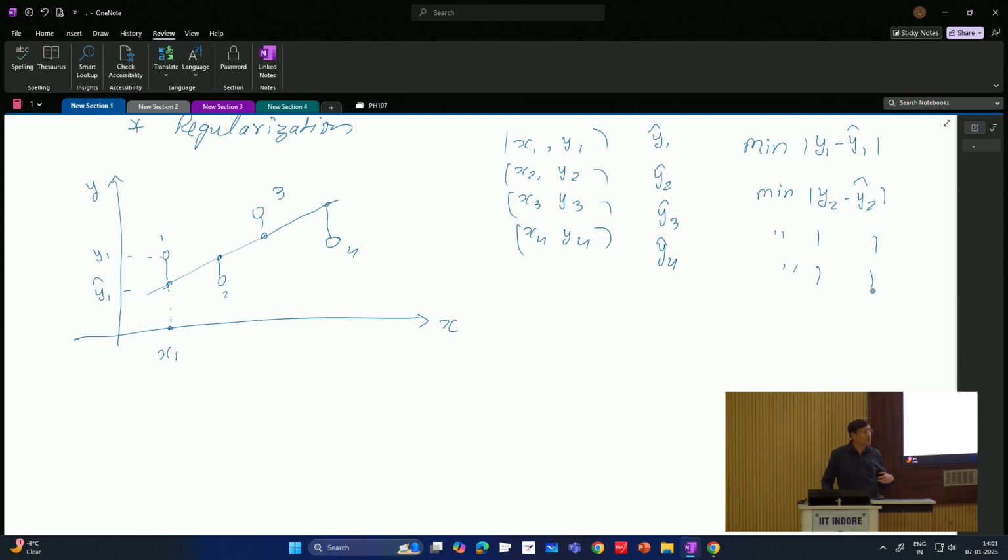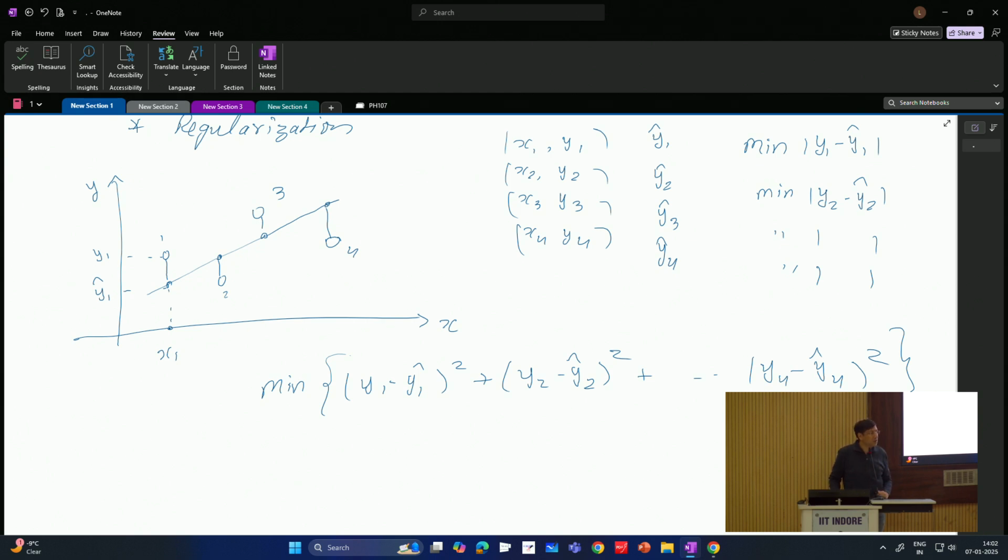Can I make a simpler optimization problem? The answer is yes. What if I square them and add them? So I minimize (y1 minus y1 hat) squared plus (y2 minus y2 hat) squared till (y4 minus y4 hat) squared. What will be the minimum of this objective function? How small can it get? 0, right?